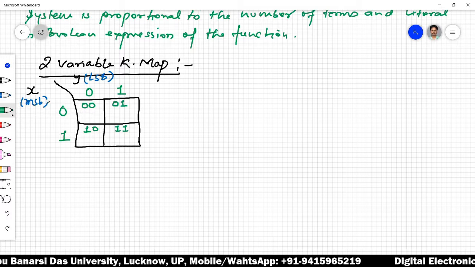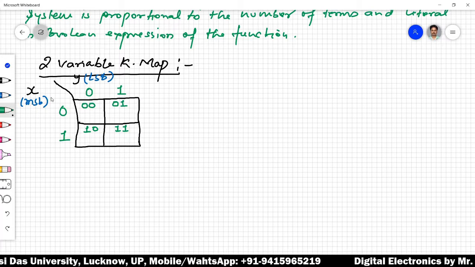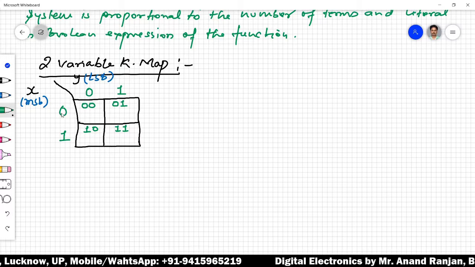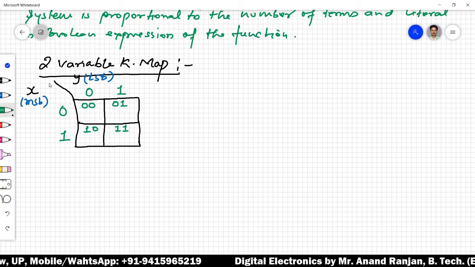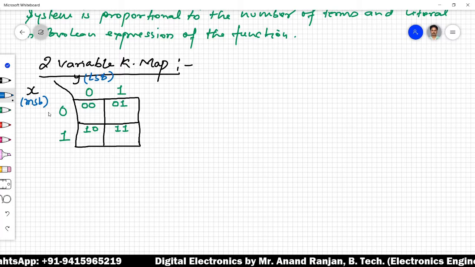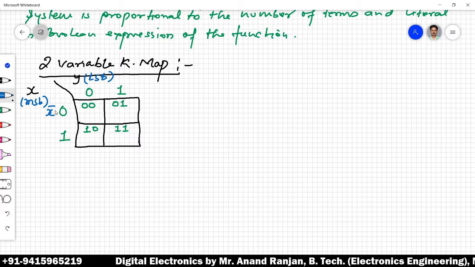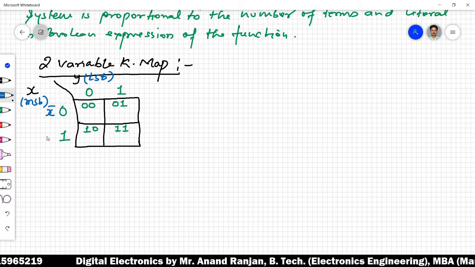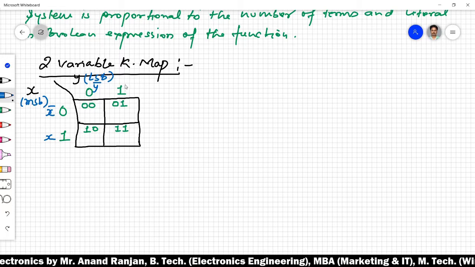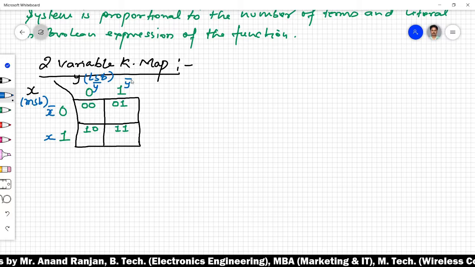And if we write this map, meaning 0 and 1, in terms of the variable, then 0 will be treated as x bar, while 1 will be treated as x. Similarly here 0 will be treated as y bar and 1 will be treated as y.